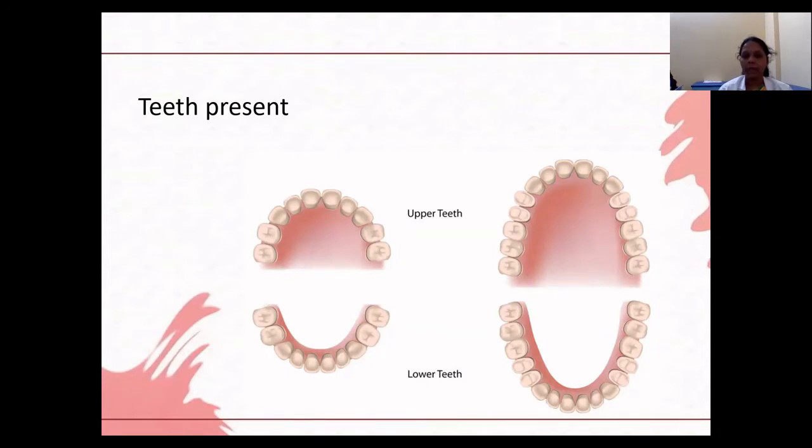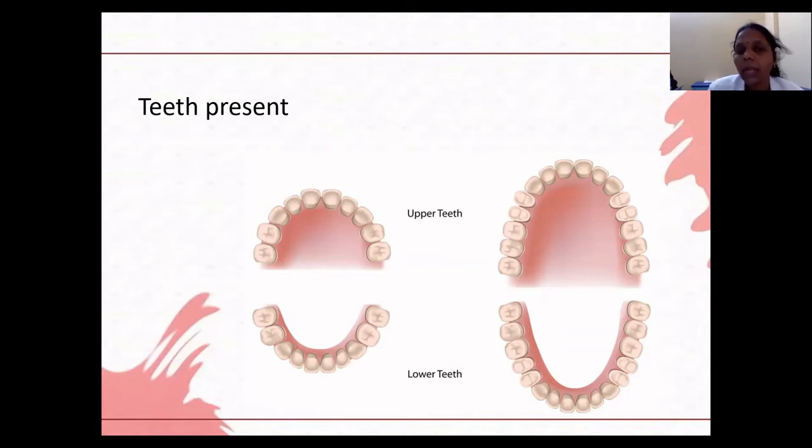In primary dentition premolars won't be present, but in permanent dentition the premolars will be present. This is the main difference between the teeth present in primary and permanent dentitions.